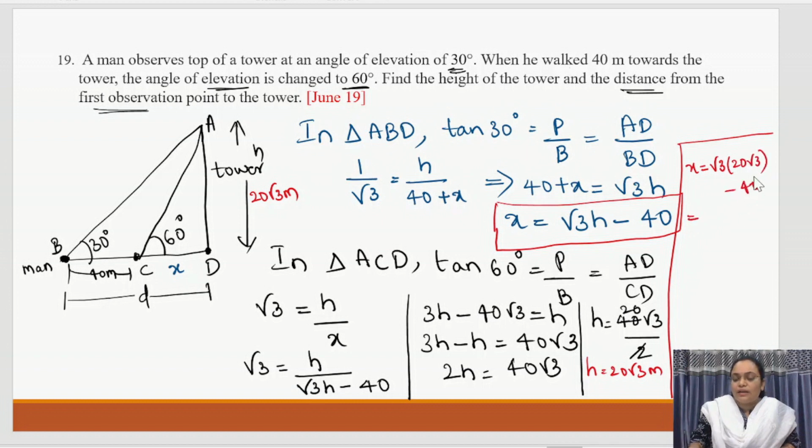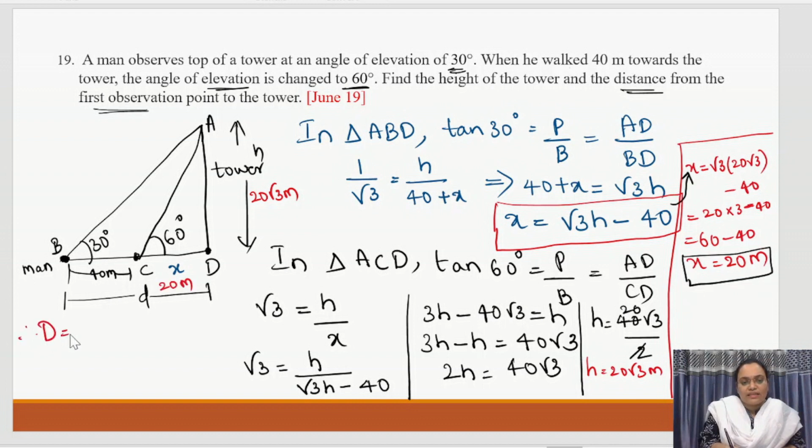So you will get 20 into 3 minus 40, which is 60 minus 40, which is 20. You will get x is equal to 20 meters. The value of x is 20 meters.